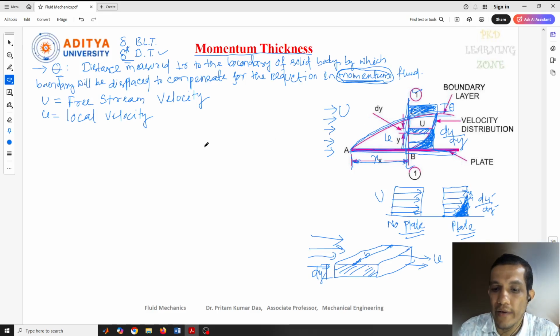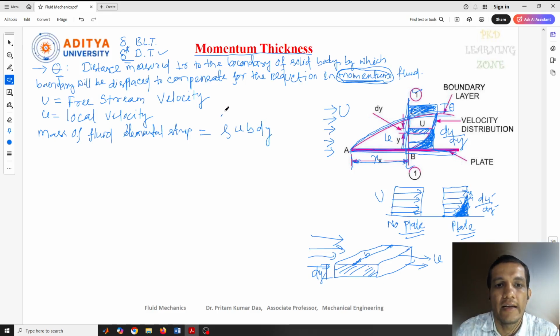So let's first write down the mass of fluid flowing over the elemental strip. We have already calculated this, and it is nothing but rho u b dy.